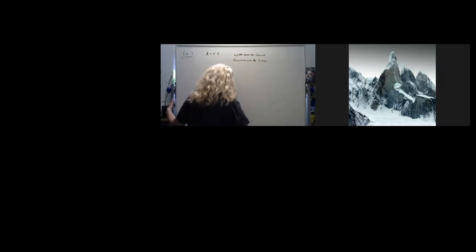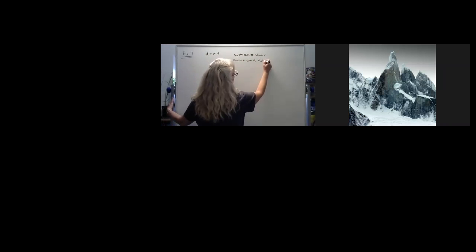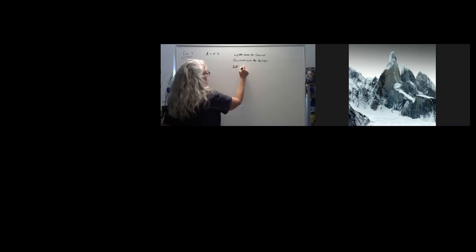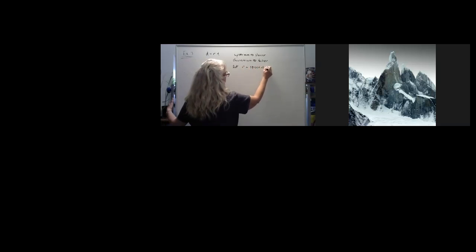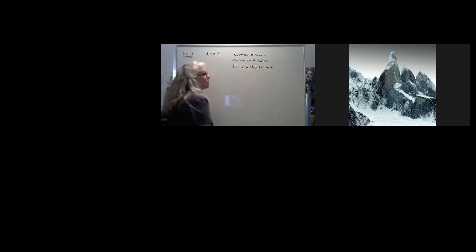Okay, so what does that mean in terms of our problem? Let R be the speed of the boat. And that's what we're trying to find as our variable, how fast that boat is going. They do tell me that the speed of the stream is 3 miles an hour.